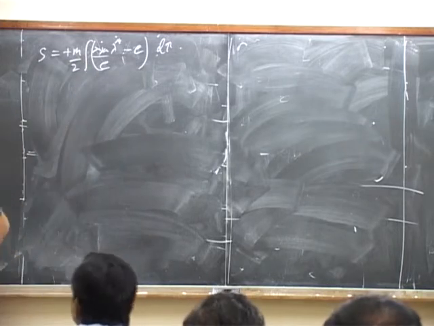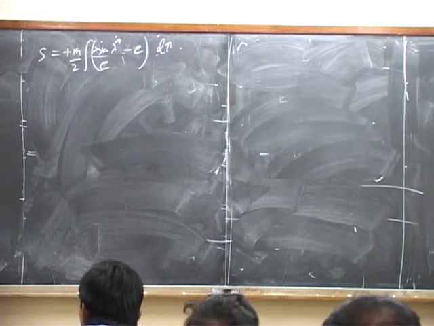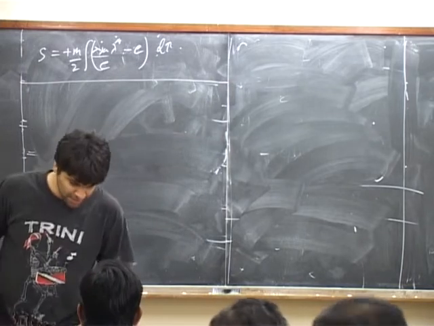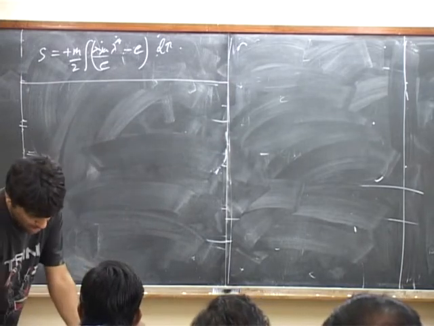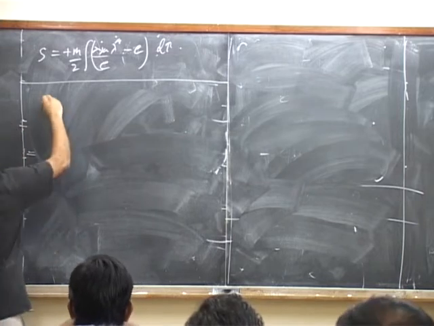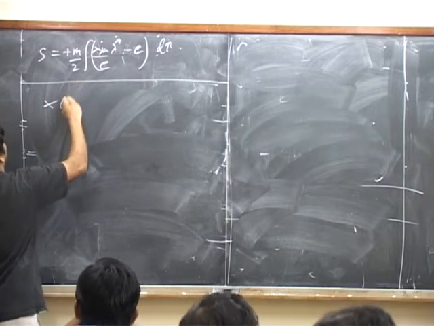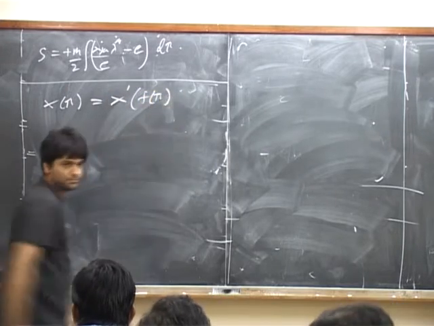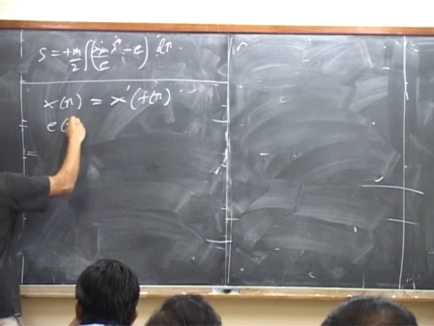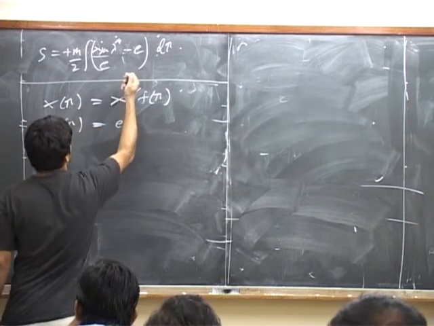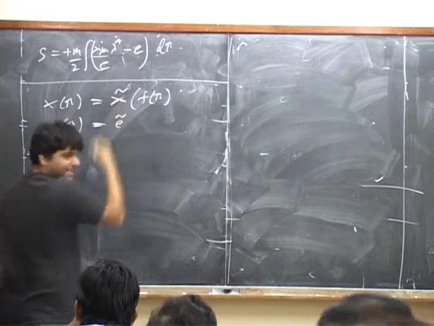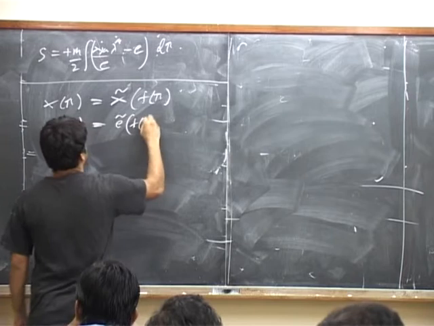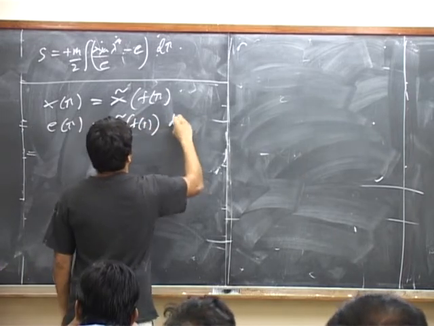Okay. And now, I want you to notice the following. Suppose you make the substitution x of tau is equal to x prime of f of tau, and e of tau is equal to e tilde of f of tau, df by dt.